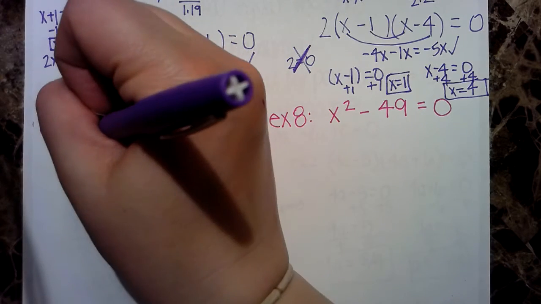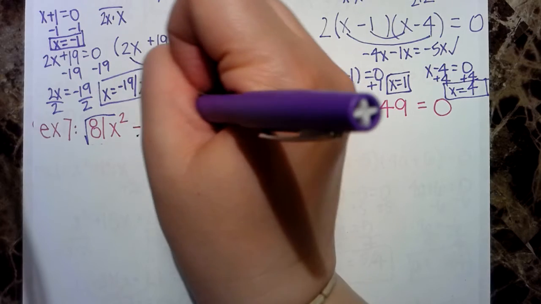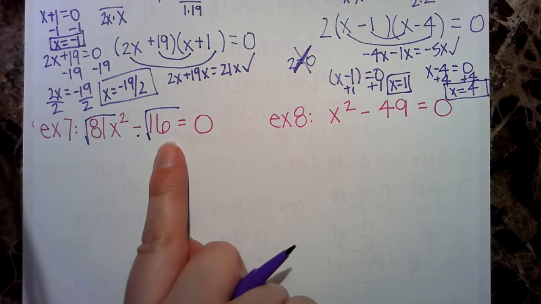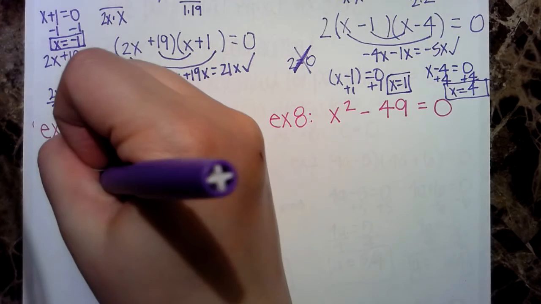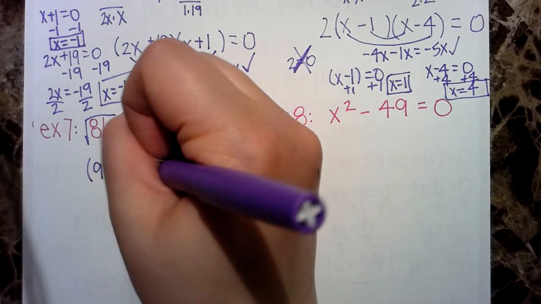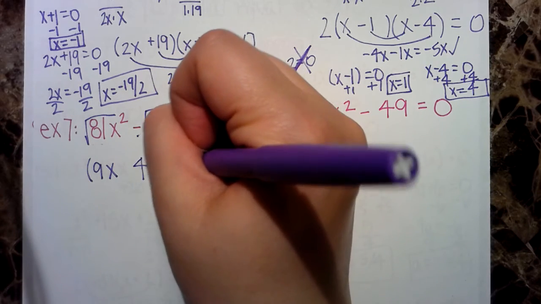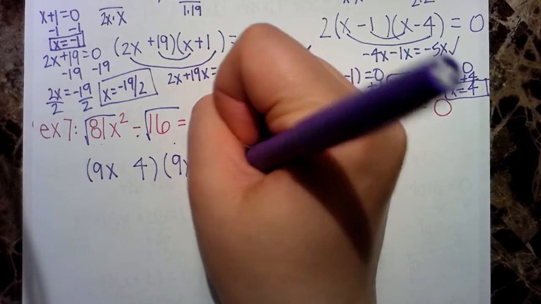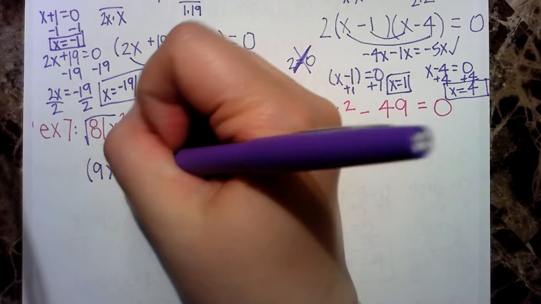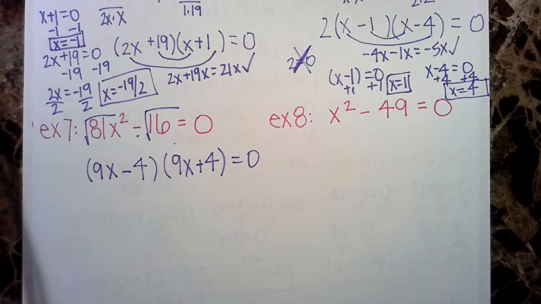So what actually happens is you take the square root of the 81x squared and the 16. So I'm going to get 9x and 4, and 9x and 4 is set equal to 0. Because it's a minus, I have to do a minus 4 and a plus 4.